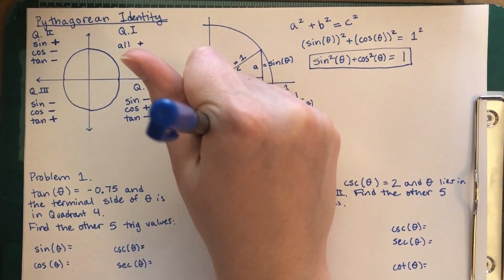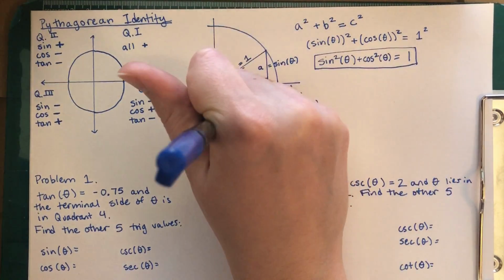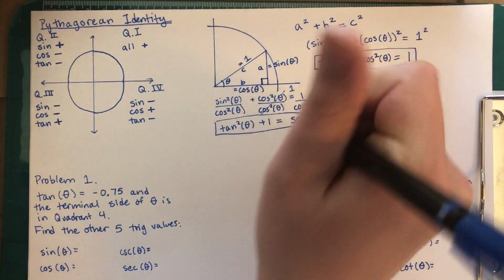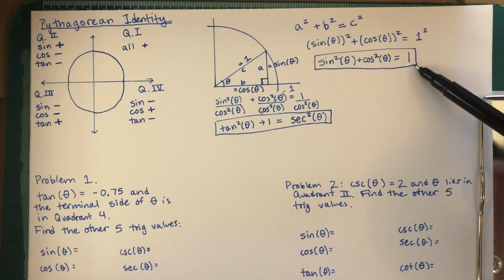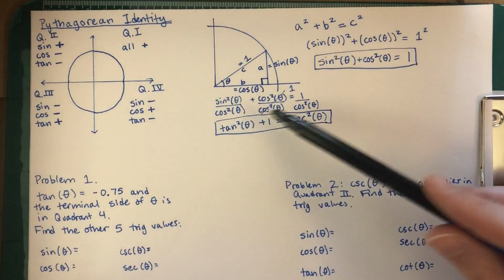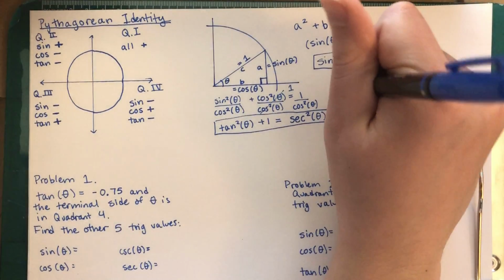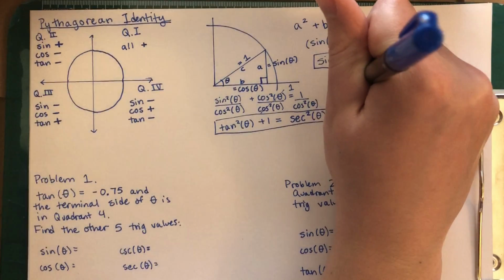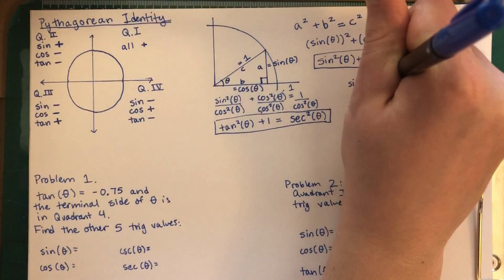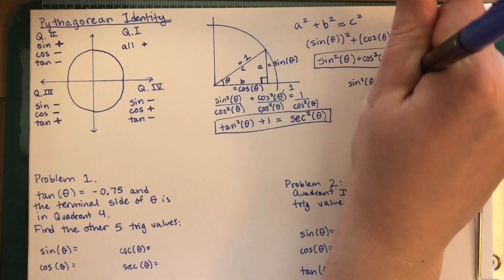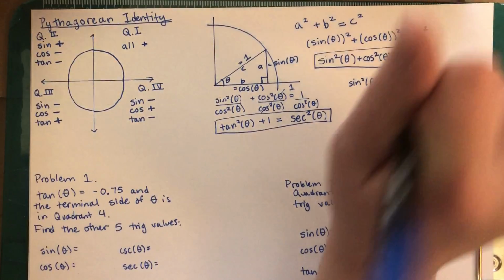So this might look like a completely different equation, but really it just comes from this same equation. I just divided each term by cosine squared and I got this one. And then I can do the same thing with this equation, but I'm going to divide everything by sine. So sine squared theta plus cosine squared theta equals 1.